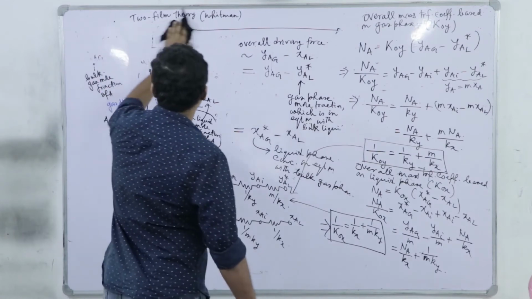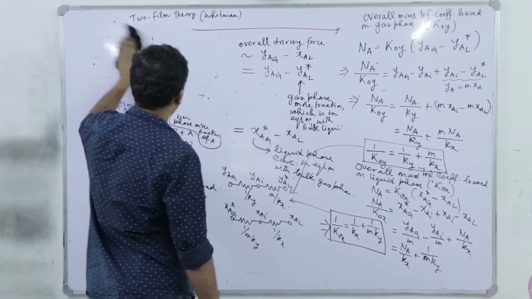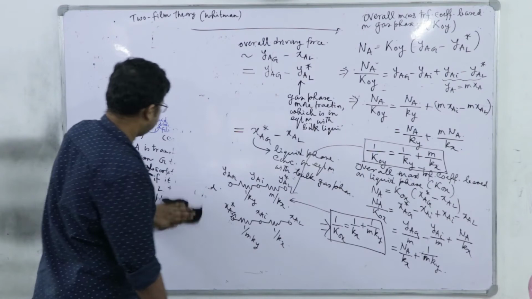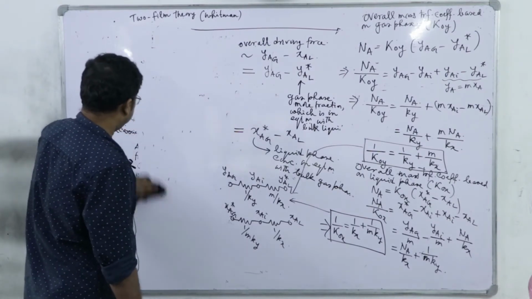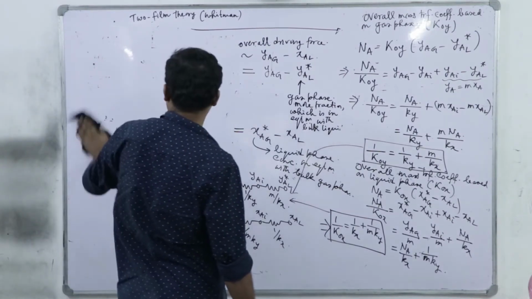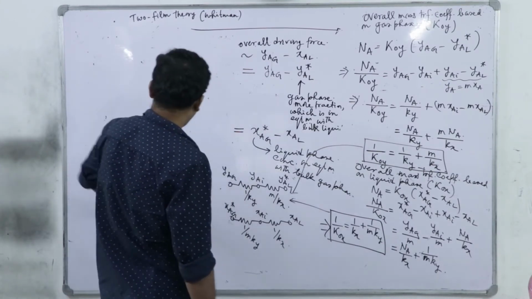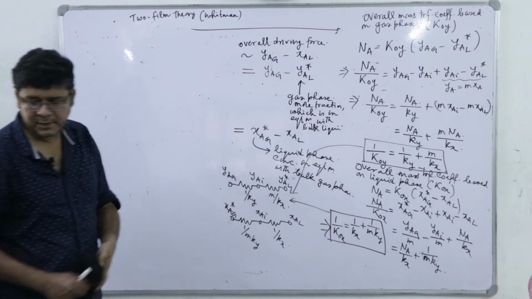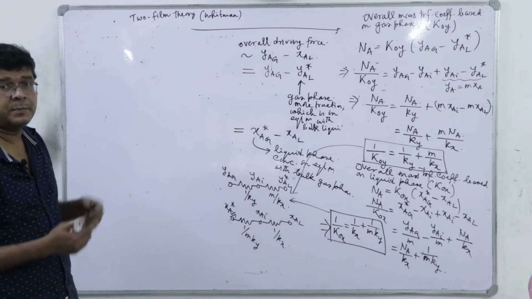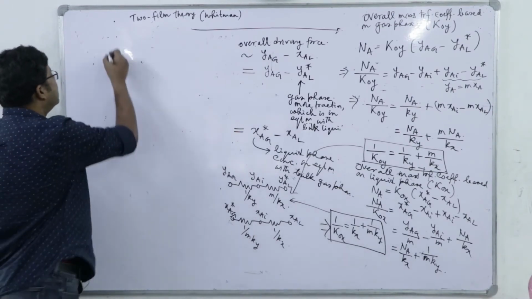See, again we will draw this equilibrium relation, equilibrium curve, which is non-linear, right, and the respective line which has a slope of minus of kx by ky.